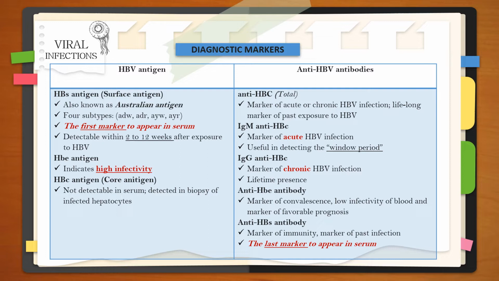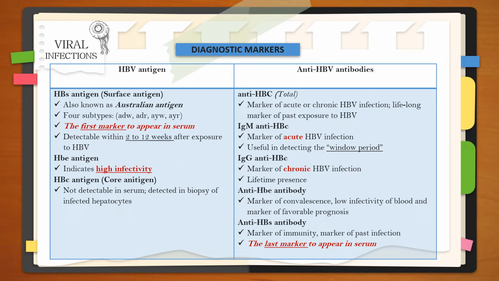Last is HBcAg, or core antigen. This is not detectable in serum because the viral envelope covers the core antigen. However, it can be detected via liver biopsy of infected liver cells or hepatocytes.